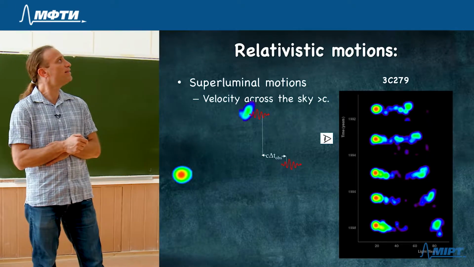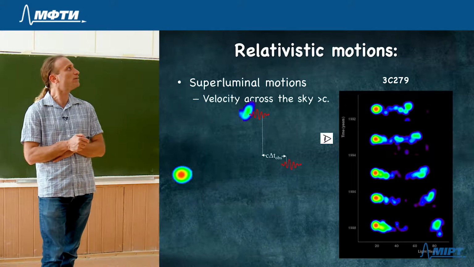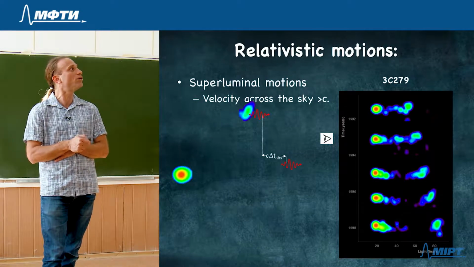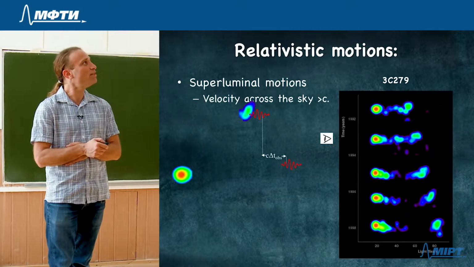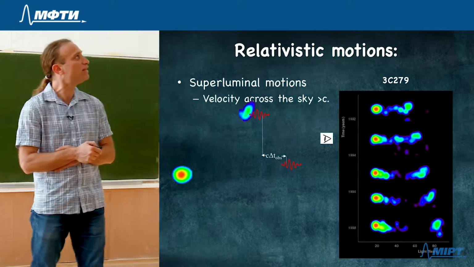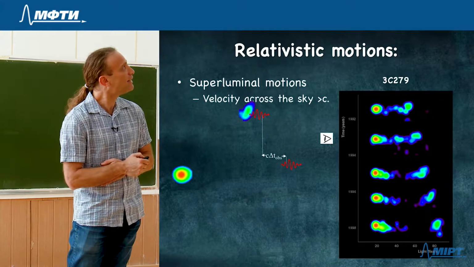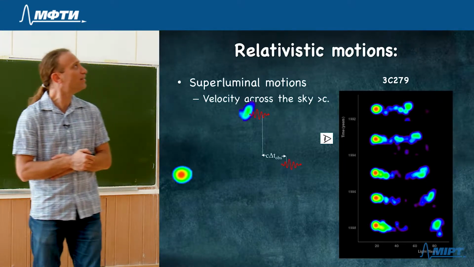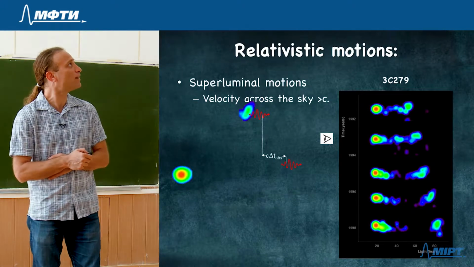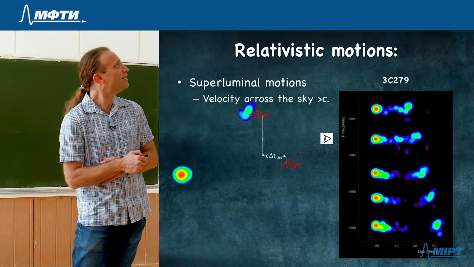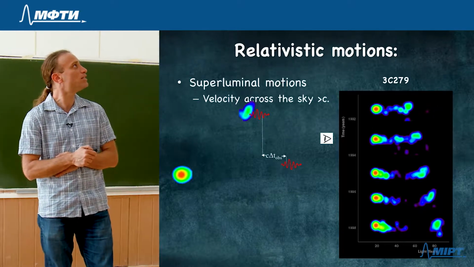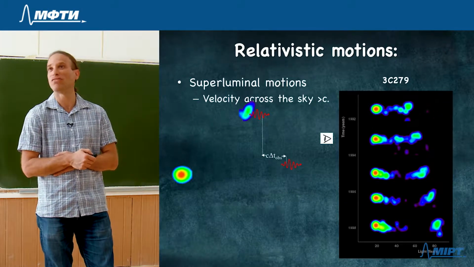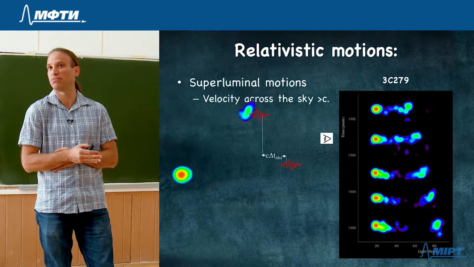And now when this blob reaches this location, it emits the second photon, and the second photon will be this observation. Okay? Now the time that passed between these two observations is basically the distance between these two photons at the moment that this blob emits the second photon, divided by c. Okay?